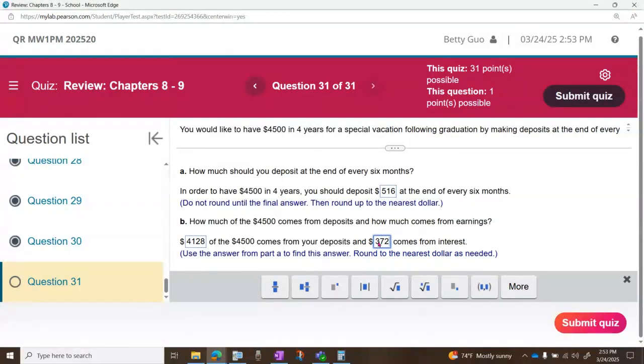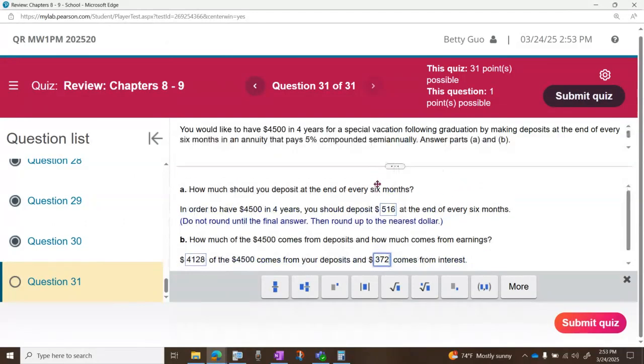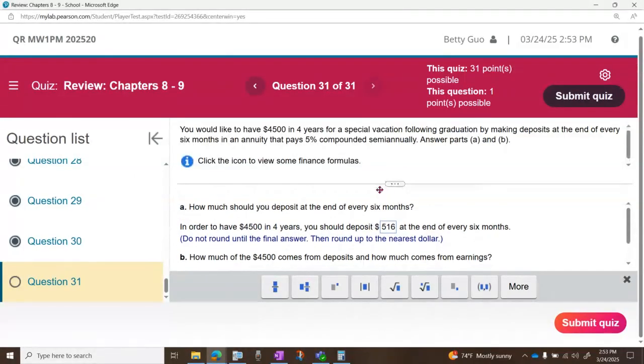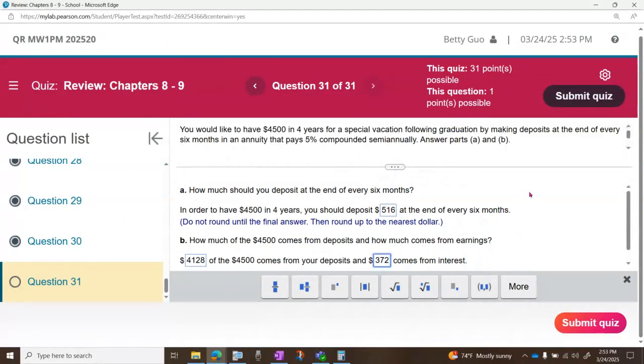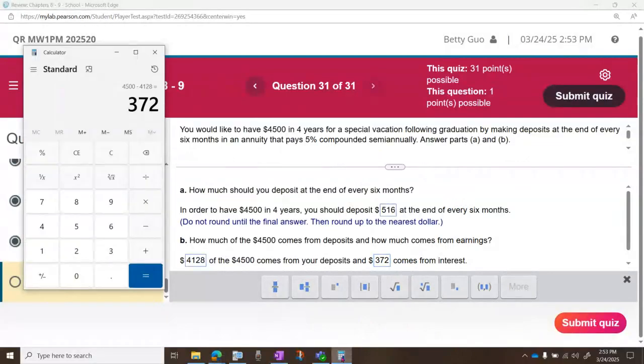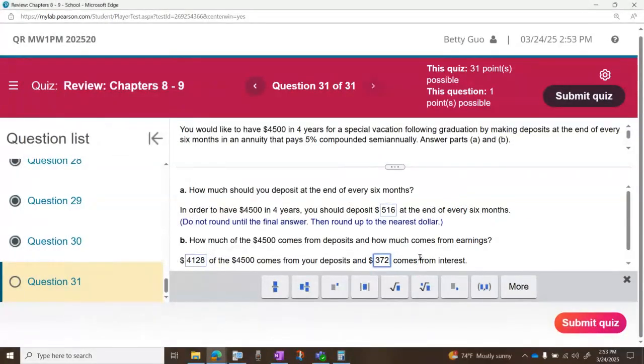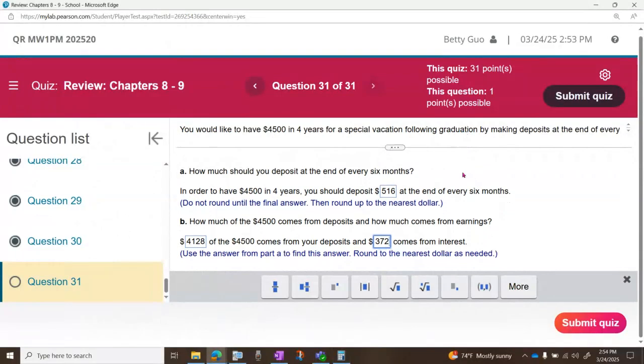Interest is not very much because the interest rate is 5%, not bad, probably because it's compounded semi-annually, twice a year only, over 4 years. So $372 from the interest.